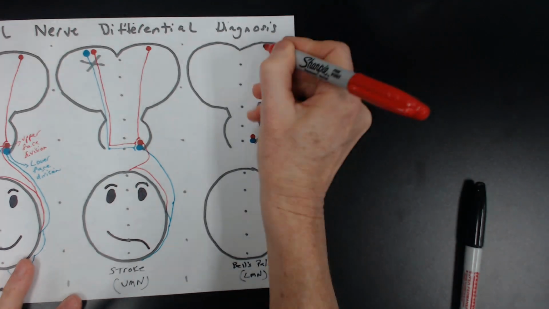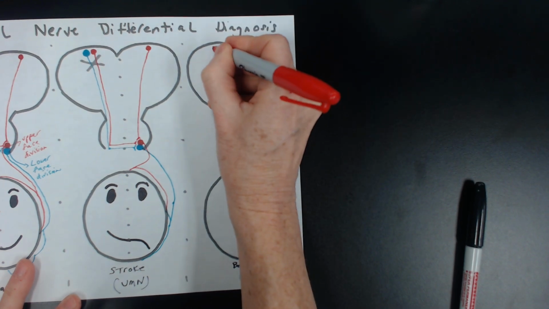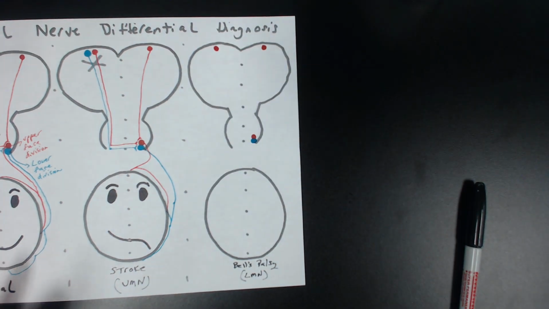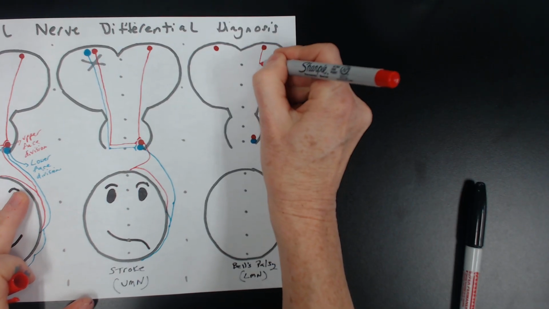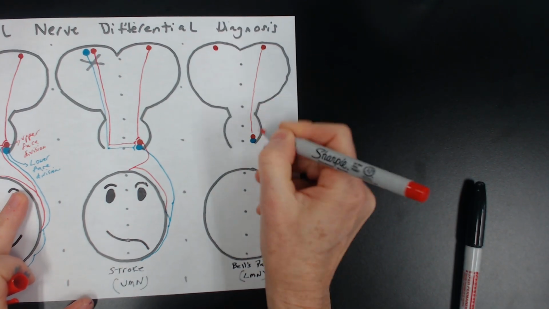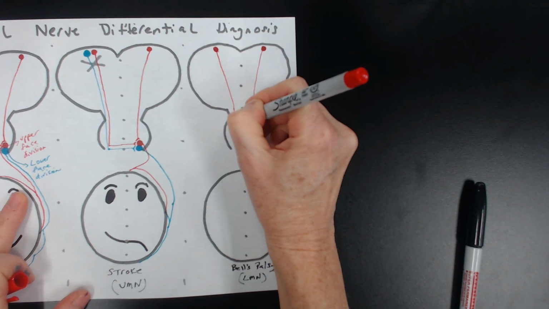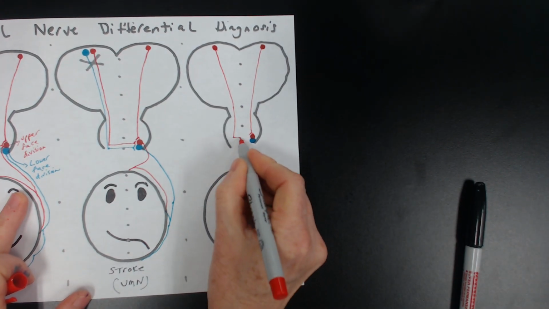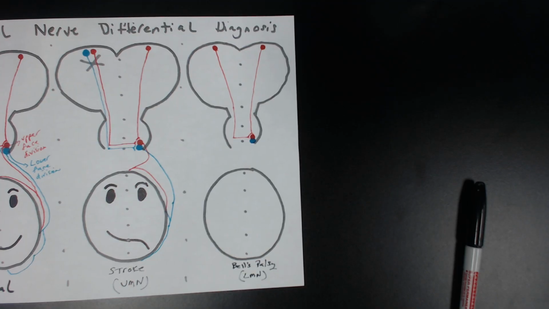And the upper face division, upper motor neuron, cell bodies, nuclei are present bilaterally. Come down, decussate ipsilaterally, and contralateral comes down, decussates at the level of the nucleus. No different than what we've been drawing.